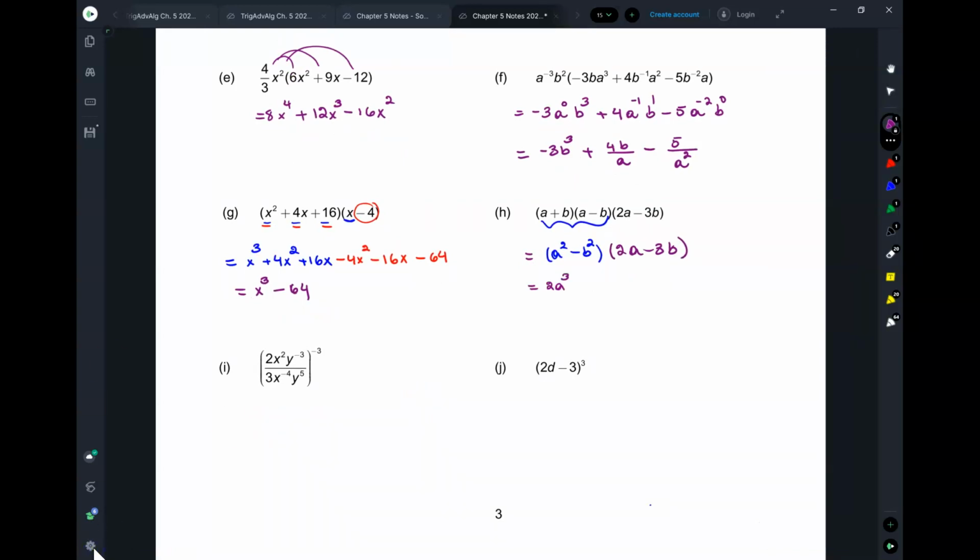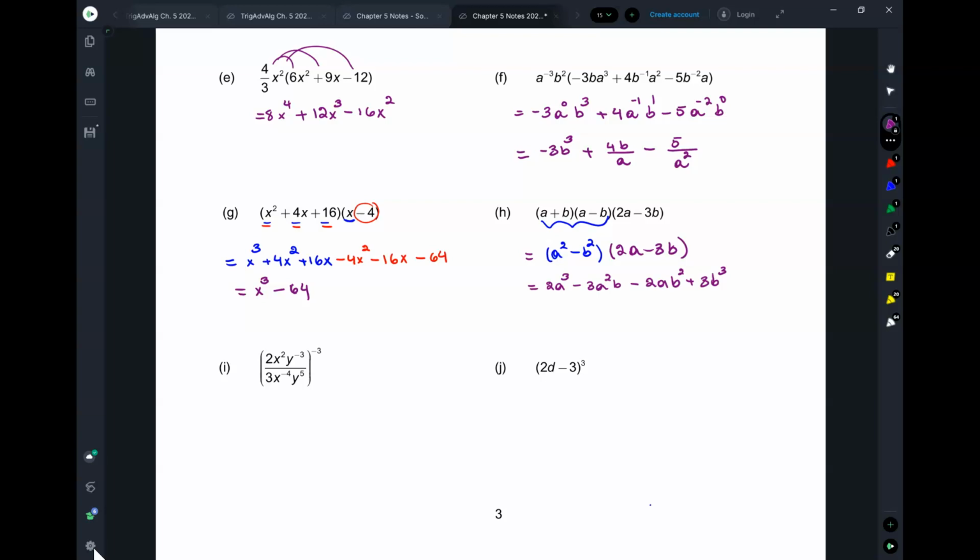Is that right? Okay, 3a squared b minus 2ab squared plus 3b cubed. So this is actually good enough. This is the standard form for expanding this.